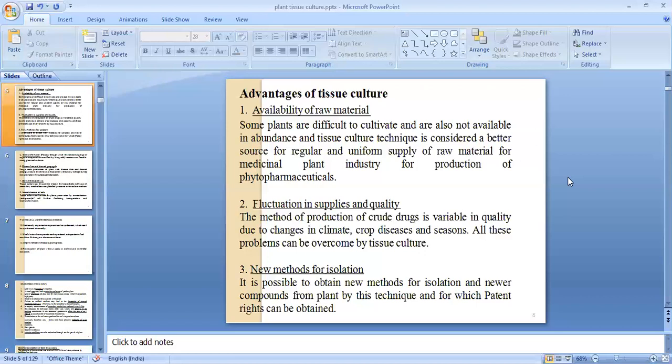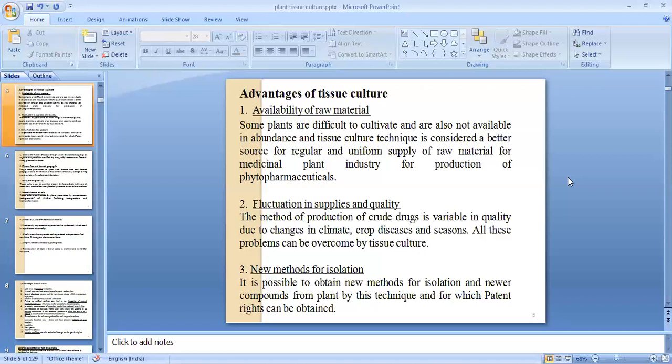And the second advantage is the fluctuations in supplies and qualities. That is again due to climatic changes or other environmental conditions, or when the crop is affected by disease during cultivation, or due to some seasons, the production of secondary metabolite in the plant may vary. But we cannot face that kind of problem in plant tissue culture when producing the secondary metabolite.